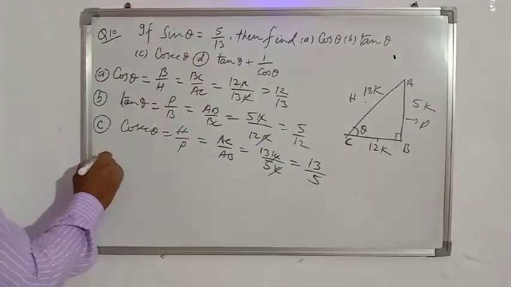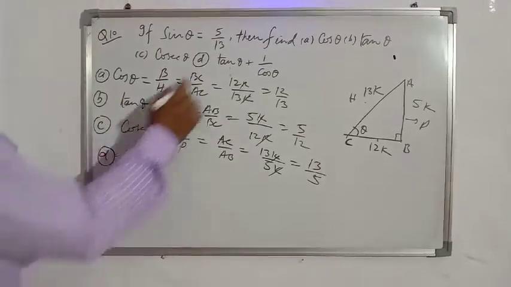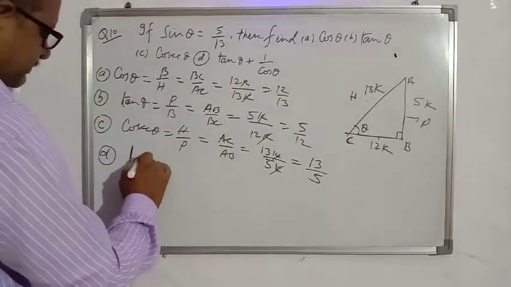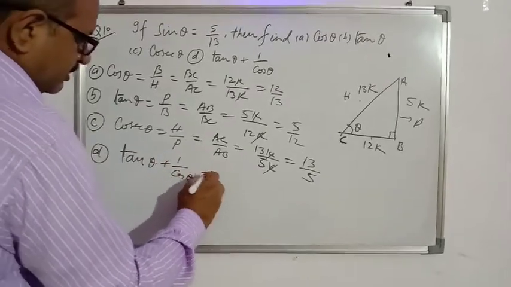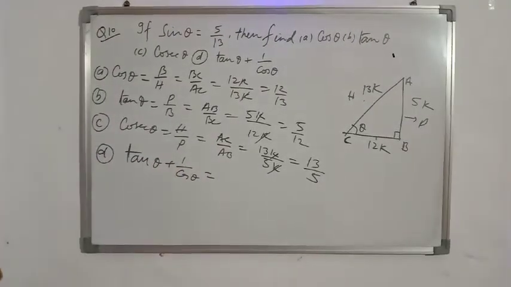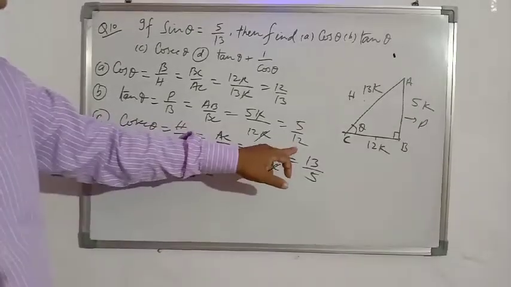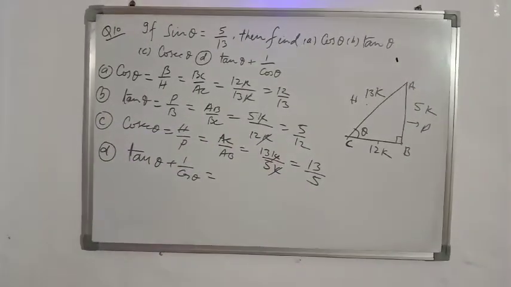Last one, tan theta plus 1 by cos theta. We have already found tan theta is 5 by 12, so we can put the value here.